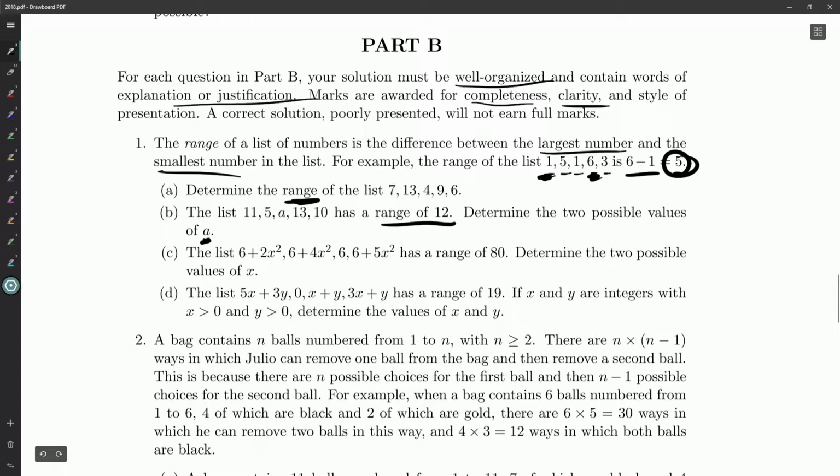Alright, C looks a little more complicated because it's got some quadratics. The list 6 plus 2x squared, 6 plus 4x squared, 6 plus 5x squared has a range of 80. Determine the 2 possible values of x. Well, it's a quadratic, so I would expect 2 possible values of x. What might I say? x squared is always greater than or equal to 0.